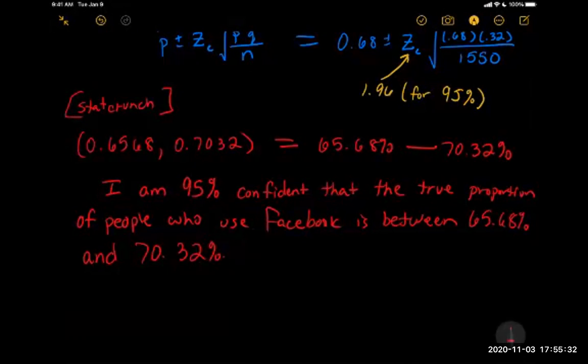What you should notice is that when we use the software, the only 3 things we really had to know were x, n, and how confident you were. How many people said yes? How many people did we ask? And how confident were we in our answer. 95% confident is pretty confident.